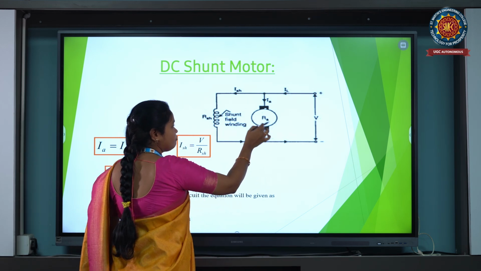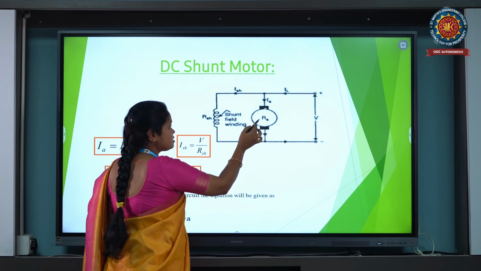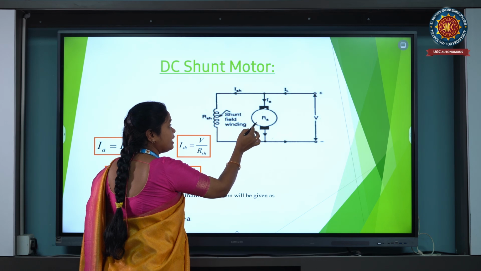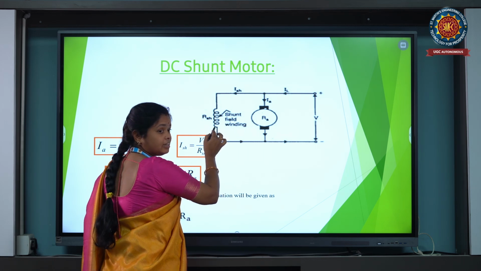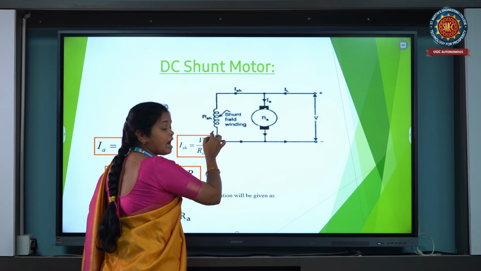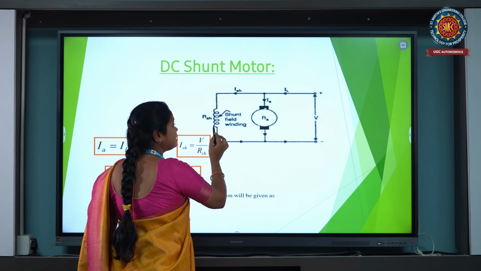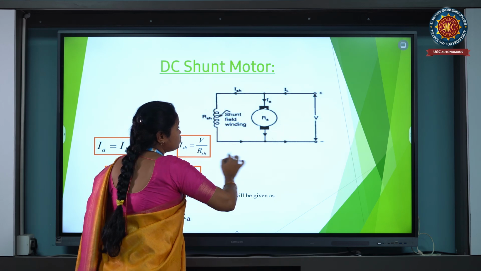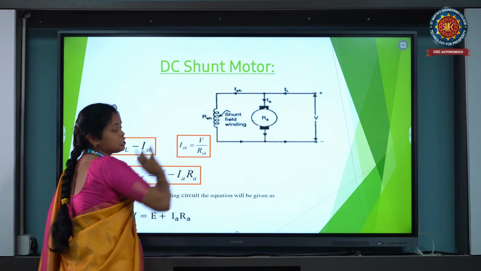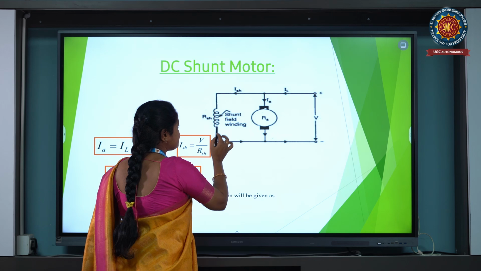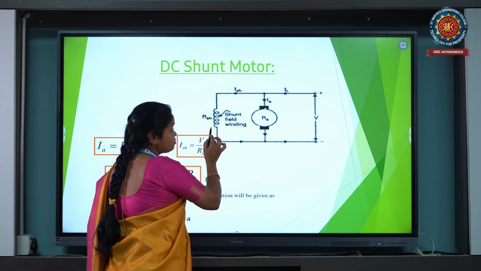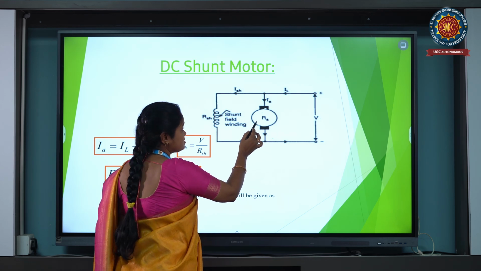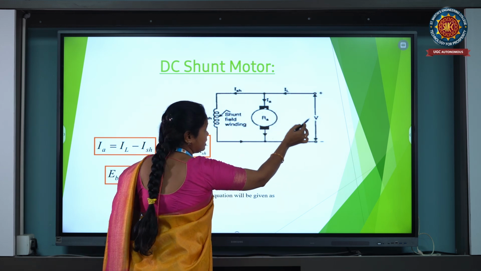Clearly from the circuit diagram, this is the armature, and across its terminals RSH is connected, so the field winding is connected in parallel. This total arrangement is called a shunt motor. RSH is the shunt field resistance, RA is the armature resistance, and here is the voltage.